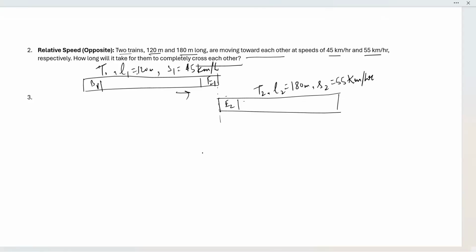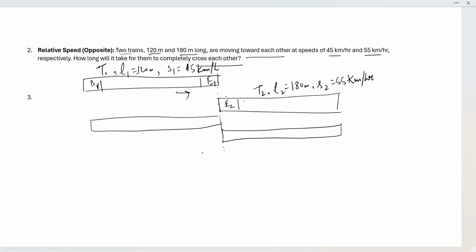Now, when they have crossed each other, they would be in a position like this: E2 here and E1 here. This is D2, bogie and last bogie. So from this position, they have to reach this position.